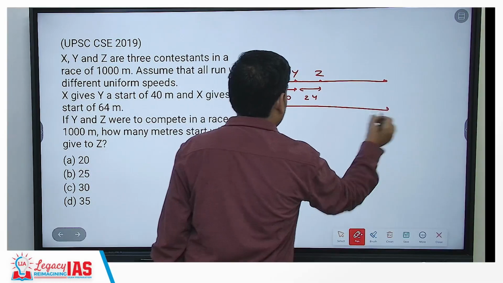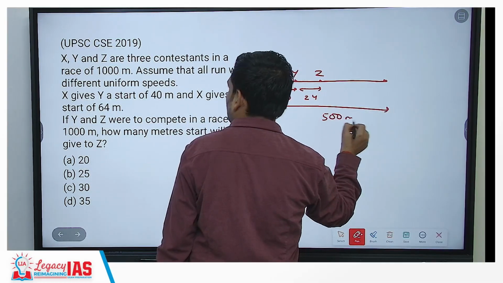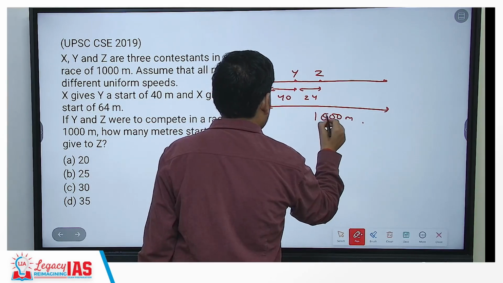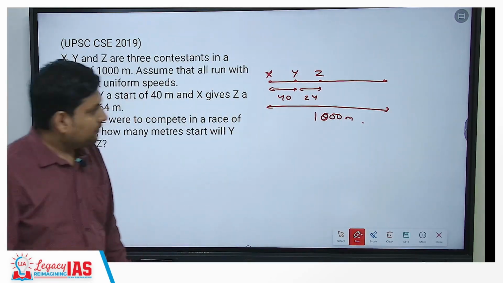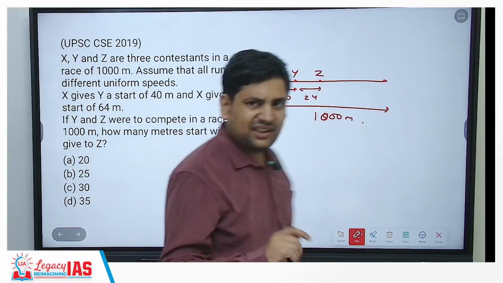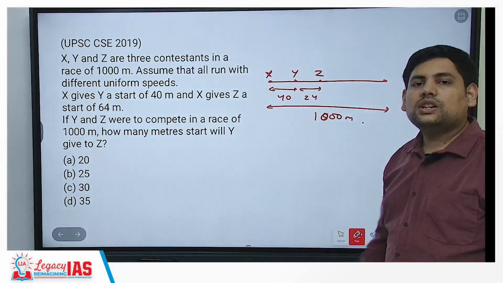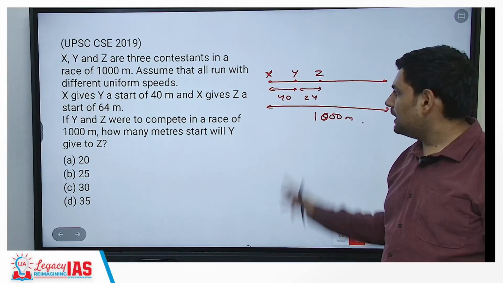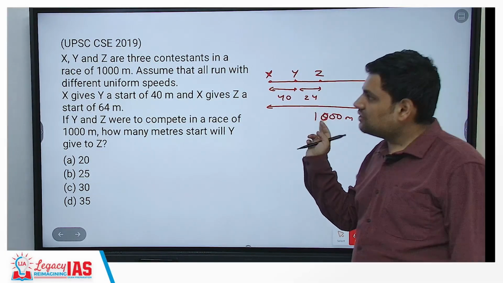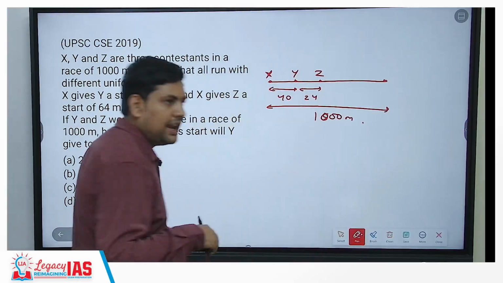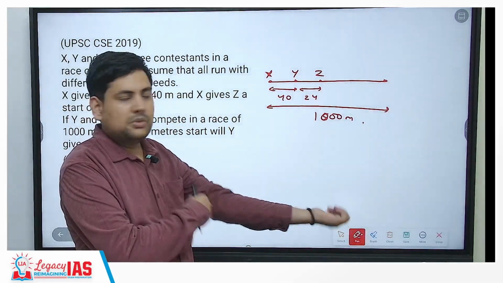This whole thing was 1000 meters. Correct? Now see Y and Z, what is the difference between them right now? The difference between them is 24 meters.